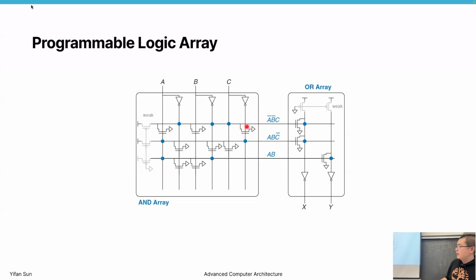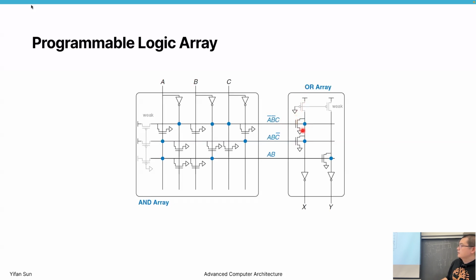We actually have these transistors connecting to the other side of the not connected part of this wire, this signal. In this case we have the AND gate implemented. Now the OR gate is easy.